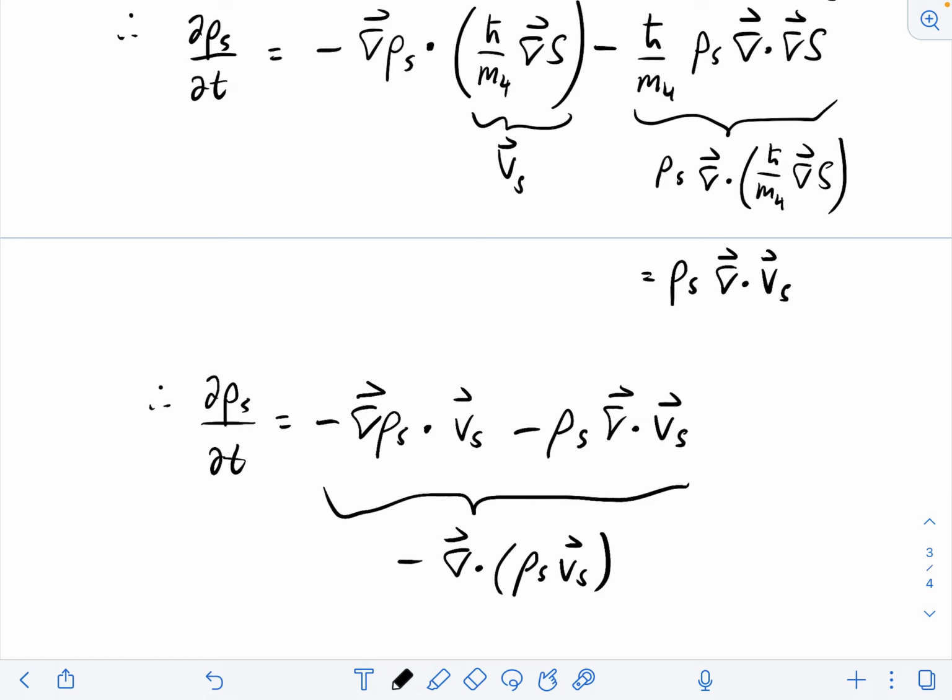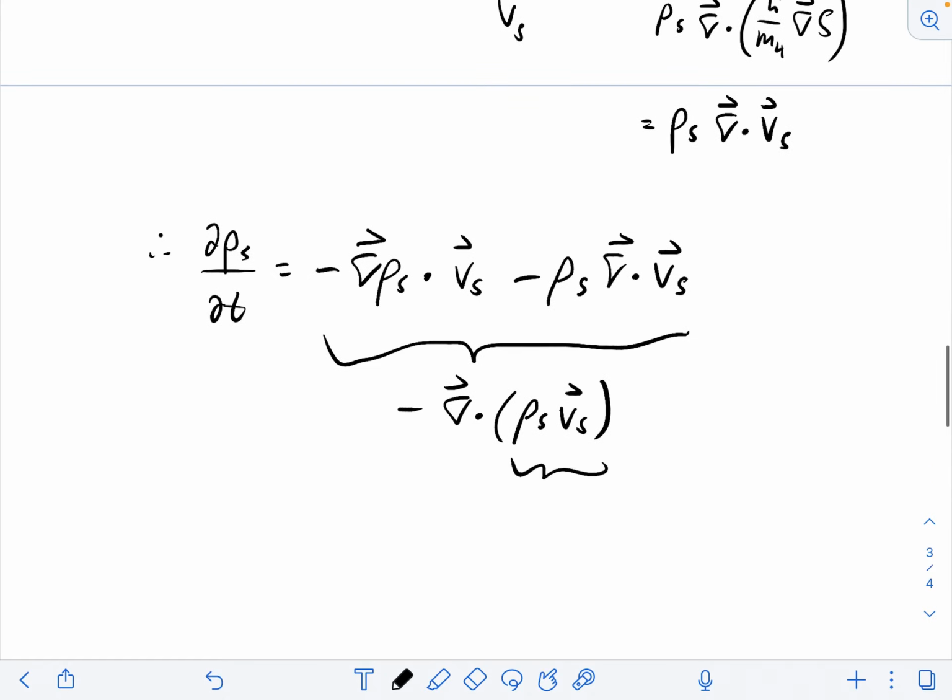So this would be the product rule for the divergence you'd have to apply. Typically, this product of the mass density times the velocity is defined as Js. This is a mass flow rate per unit area.